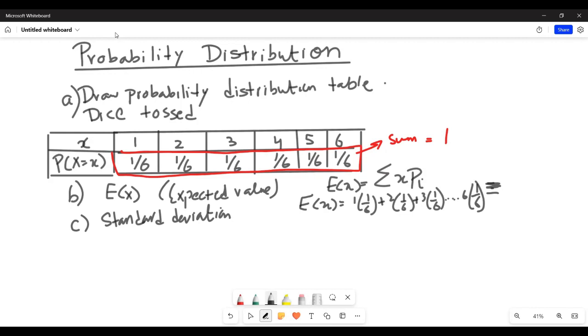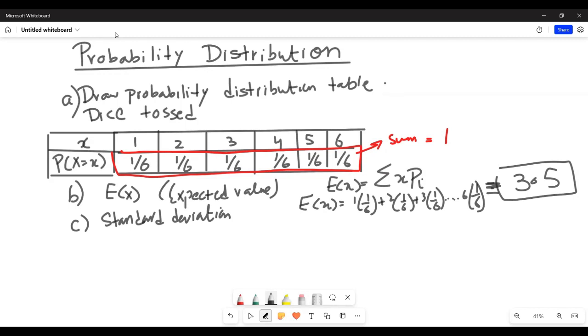So that's 3.5. So that's like the mean of 1, 2, 3, 4, 5, 6. Or not exactly the mean, but now we are also accounting for their probabilities.